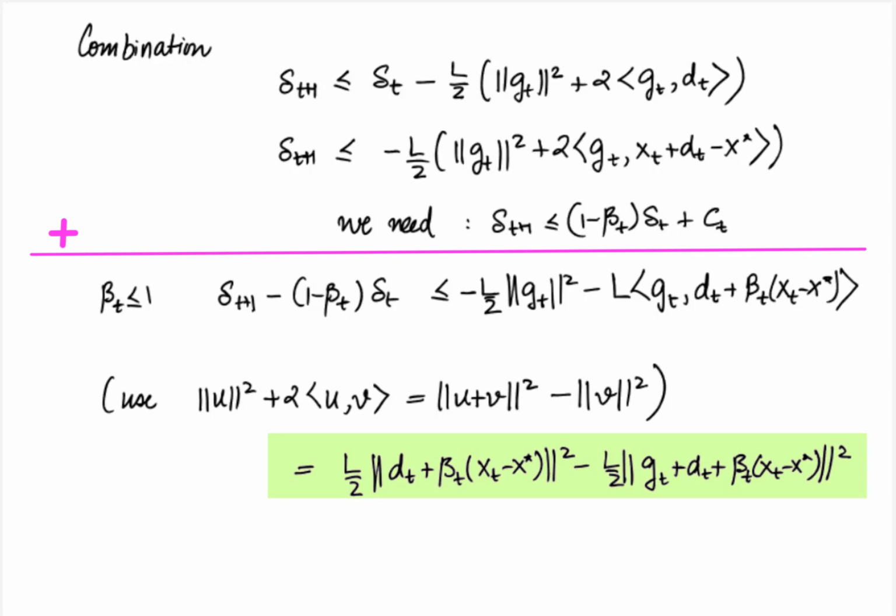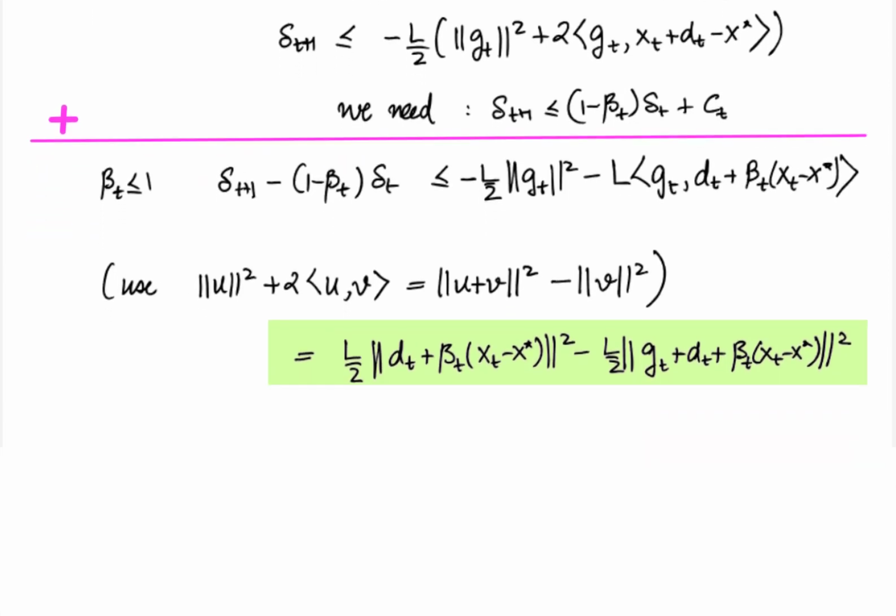Now towards getting the required telescopic sum, we need to carefully look at the right hand side. We really want the last term to be expressed in terms of quantities that depend on t+1.